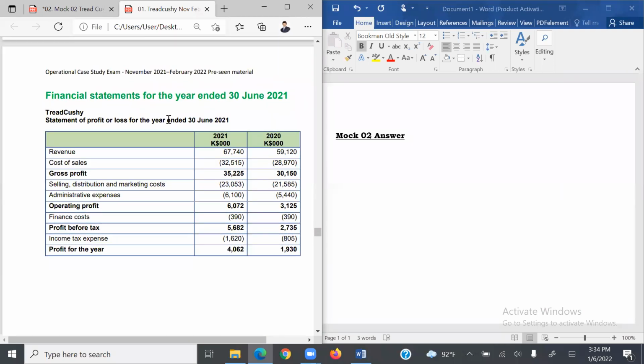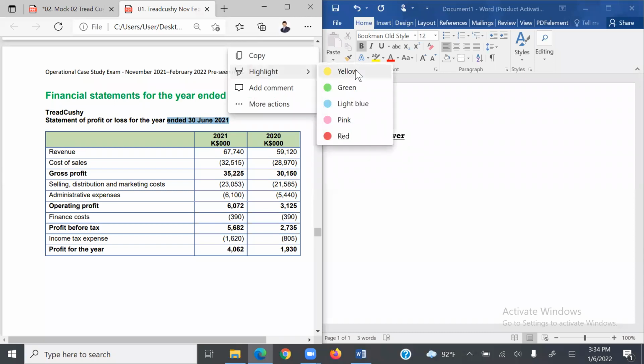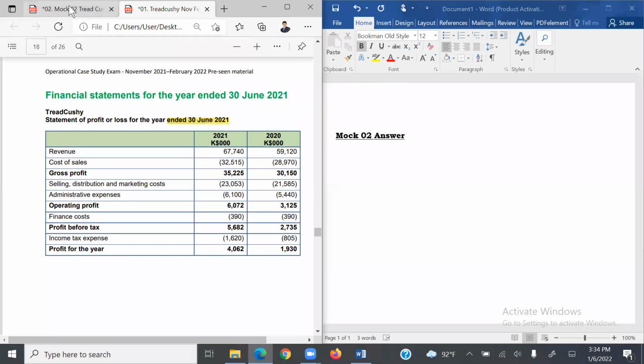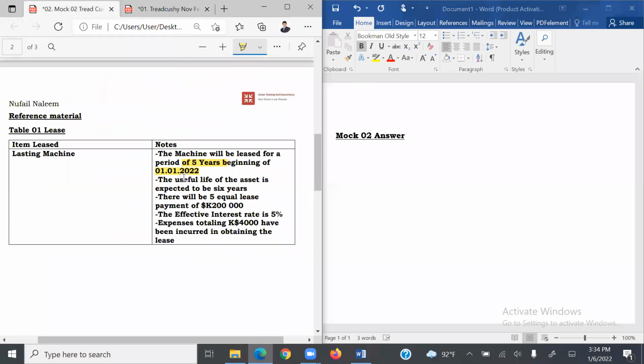We prepare our financial statements on 30th June, and the transaction took place on 1st January 2022. So from 1st January till 30th June, how many months, students? Because our financial year end is 30th June. Students, I am waiting for your response here. So 6 months, thank you very much, students.